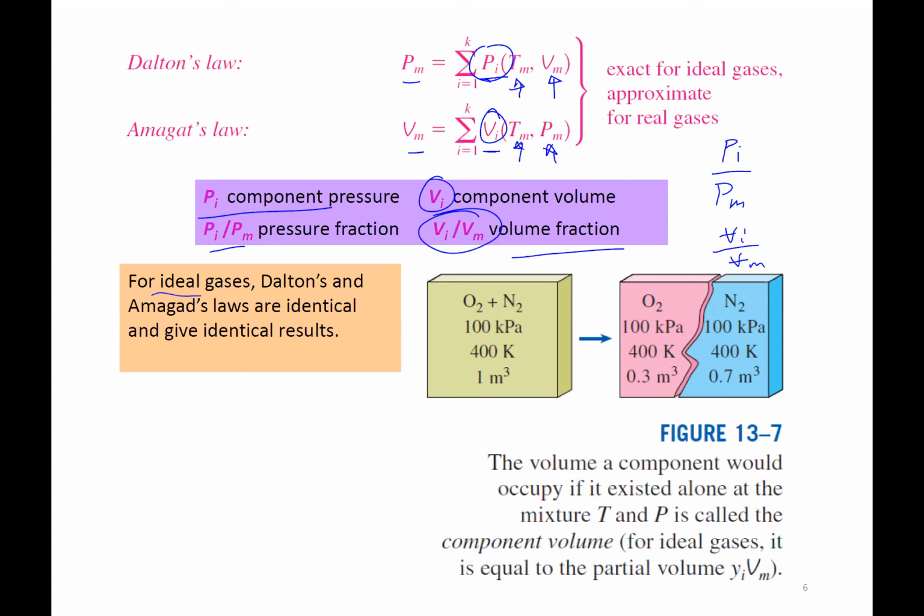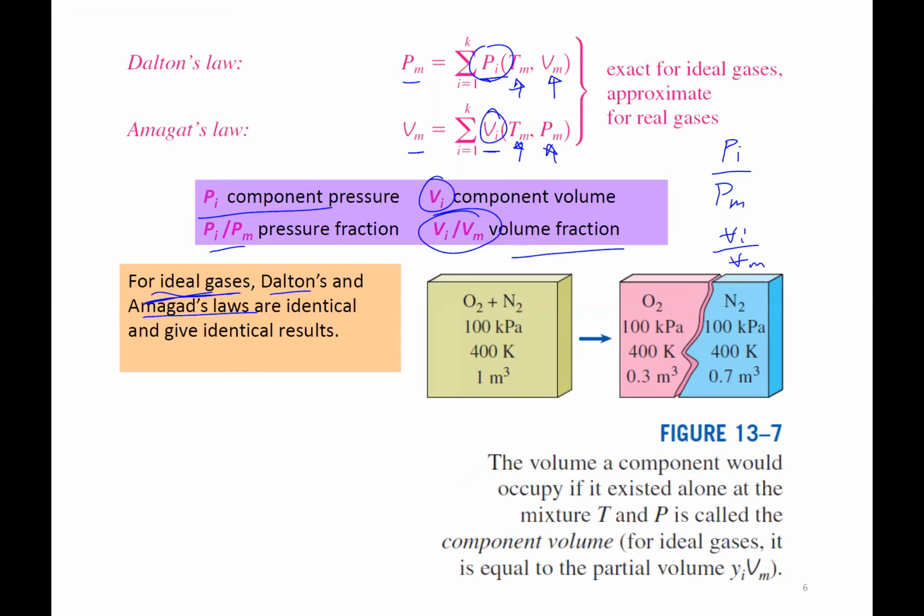For ideal gases, whether you take one law or the other, you're going to get identical results. You just got to hold true to one or the other. You can't mix the two together while you're calculating something. So you calculate everything with Dalton's law, or you calculate everything with Amagat's law, you're going to get the same results. Okay.